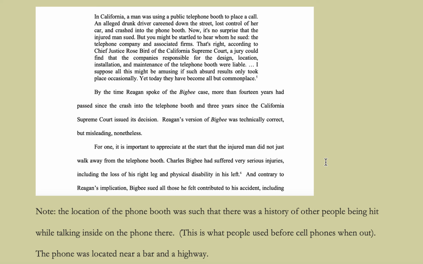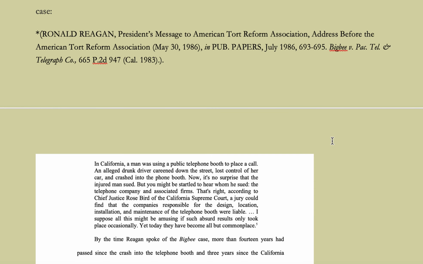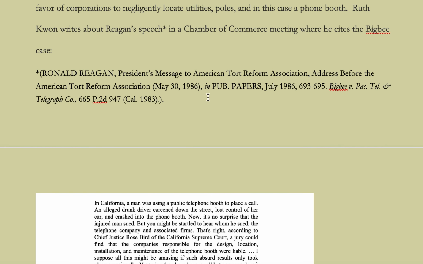Okay, so this Bigbee case has been reiterated by others to say, oh, we need tort reform. And they did the same thing with the hot coffee, McDonald's. So they have a lot of propaganda and try to sway your opinion.